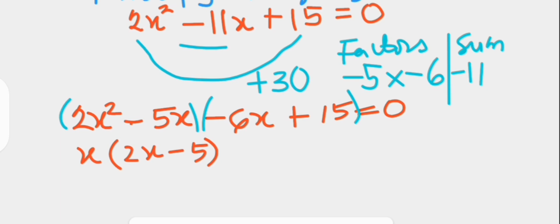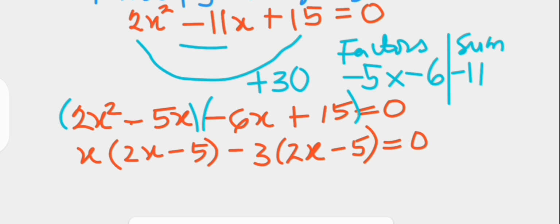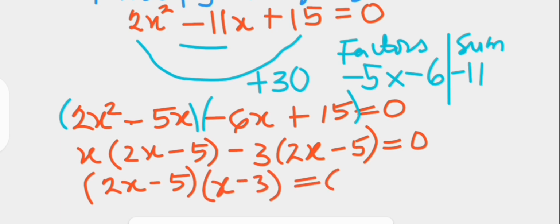From the second group, we could factor out negative 3, so that we can have 2x minus 5 in the second bracket as well. So when we factor negative 3, we have 2x minus 5. Now 2x minus 5 is a common expression, so we factor it out, and in the second bracket we have x minus 3, and that's equal to 0.